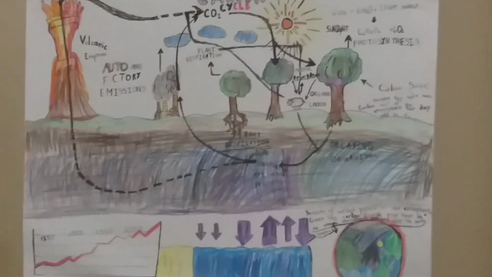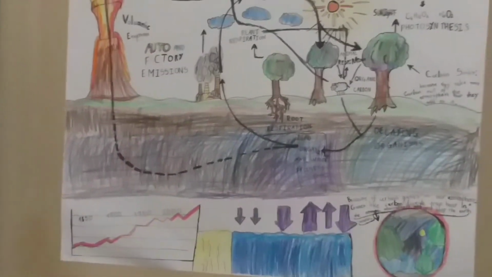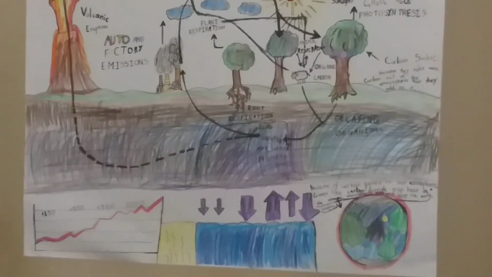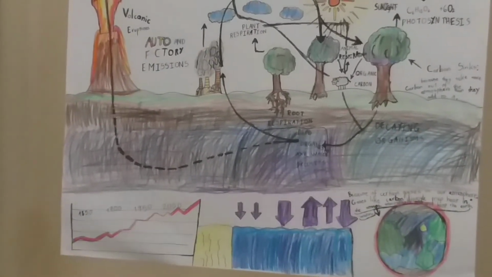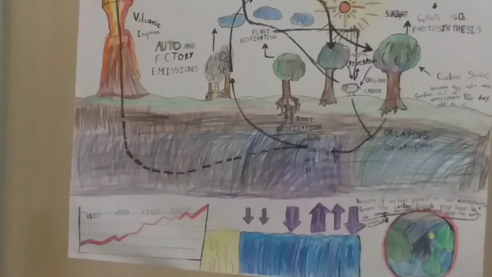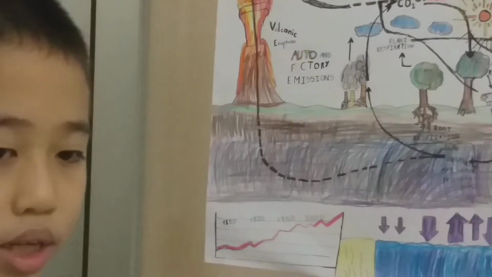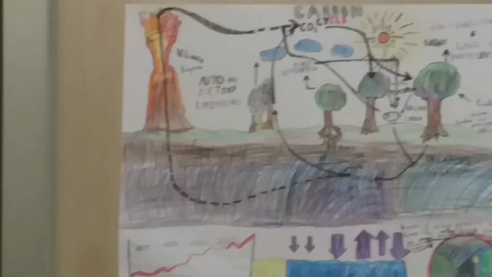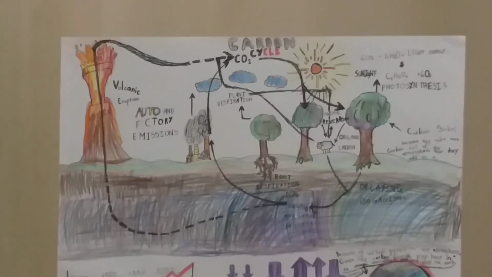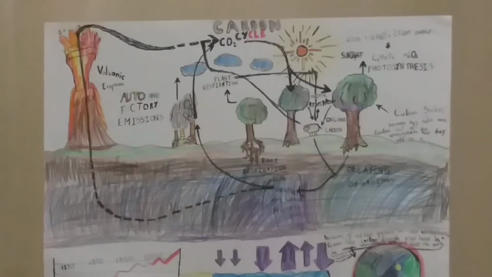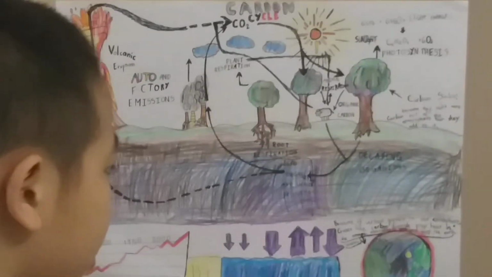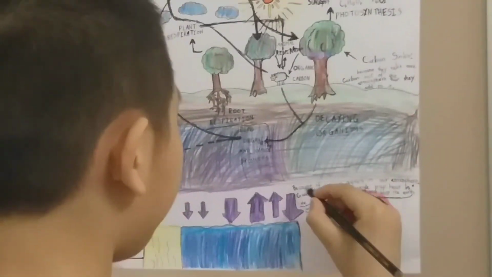But many people have added too much carbon dioxide, which leads to the greenhouse effect. That causes the earth to warm up.